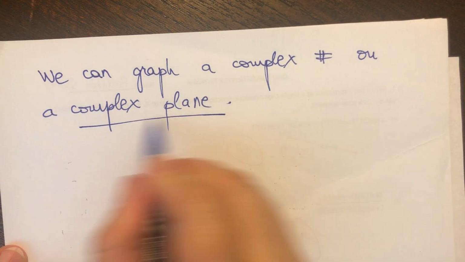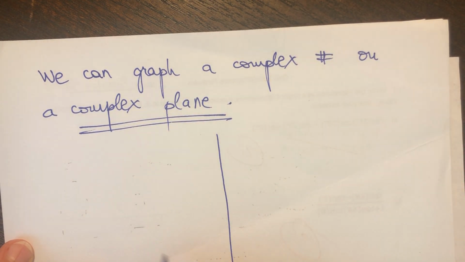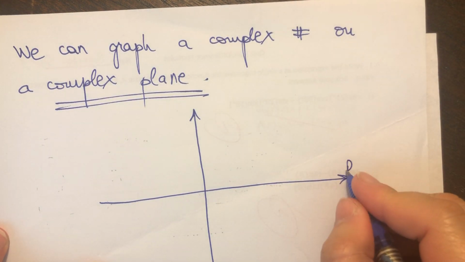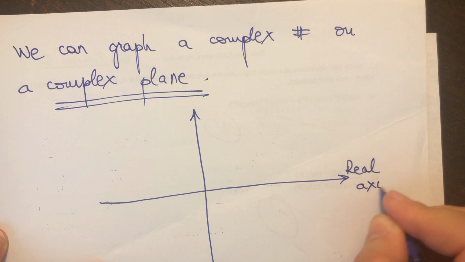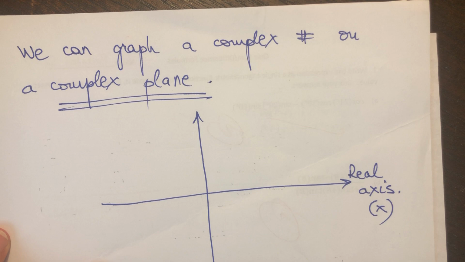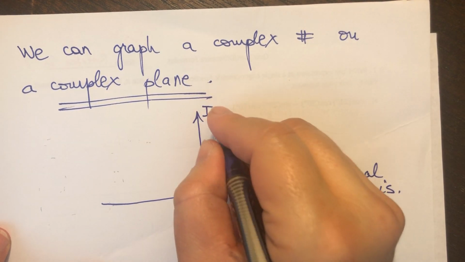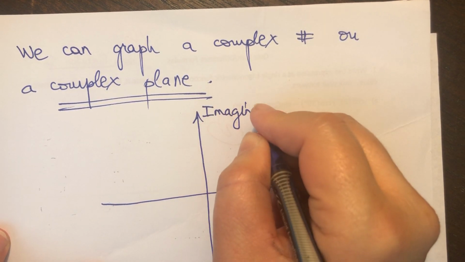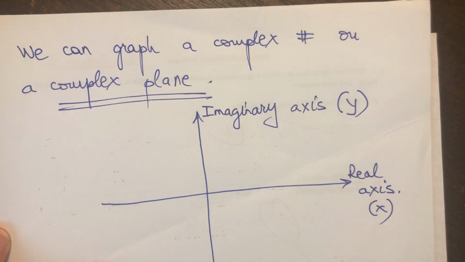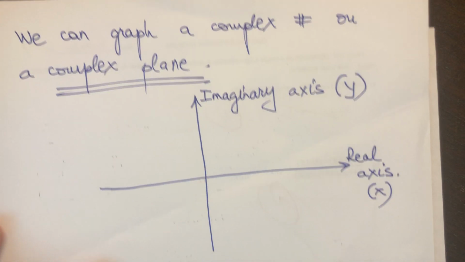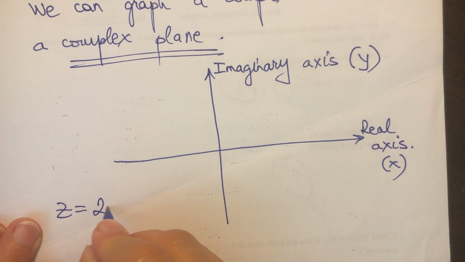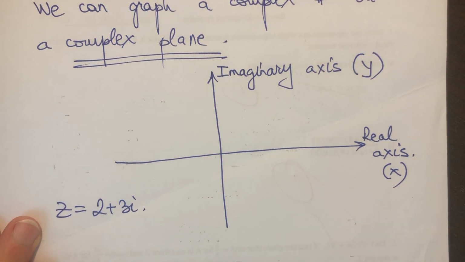We call this the complex plane, which looks just the same as a rectangular coordinate system, except here is going to be the real axis, which remember we called x the real part, and this is going to be the imaginary axis, and remember we called y the imaginary part. So for example, the complex number 2 plus 3i can be graphed like this.